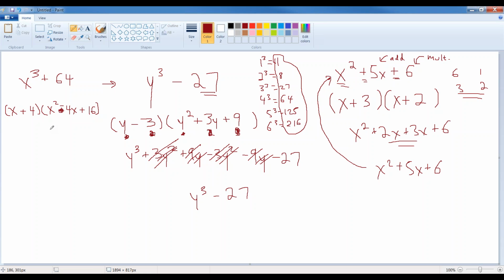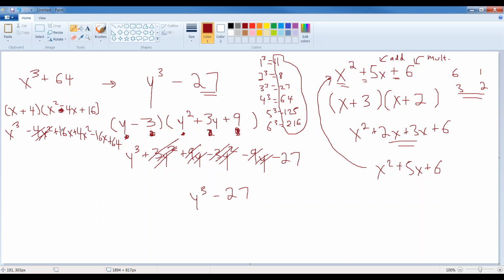Okay, when you have something like this, you have x to the third power and then negative 4x squared, positive, then x times positive 16x, and then the second term, when you do the 4, you do plus 4 times x squared is positive 4x squared, and then plus 4 times negative 4x is negative 16x, and then plus 4 times 16 is positive 64, and again you have the same phenomenon.